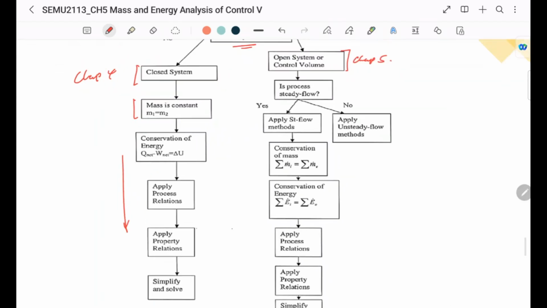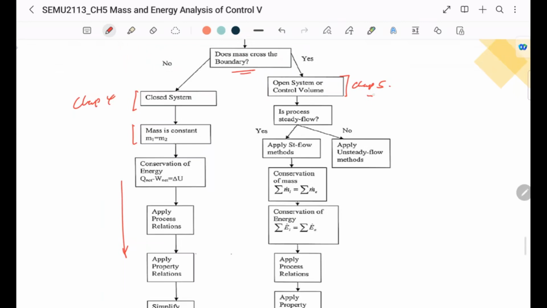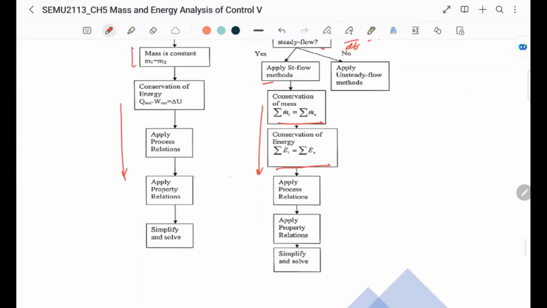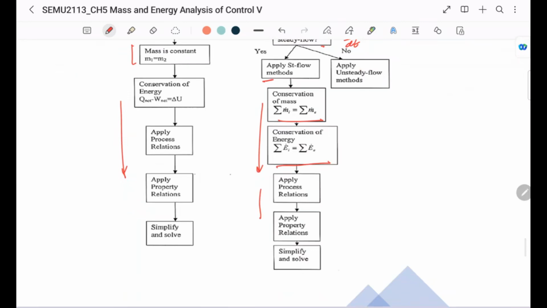If it's an open system, then the next thing we should be asking is whether the change in the mass in the control volume is equal to 0. If yes, then it's a steady flow. Then we follow here: conservation of mass, conservation of energy, then we find the values correspondingly.